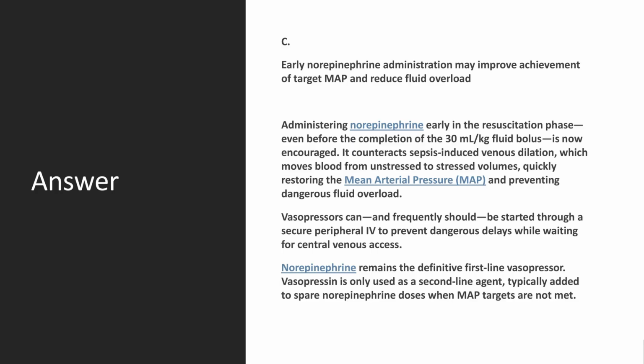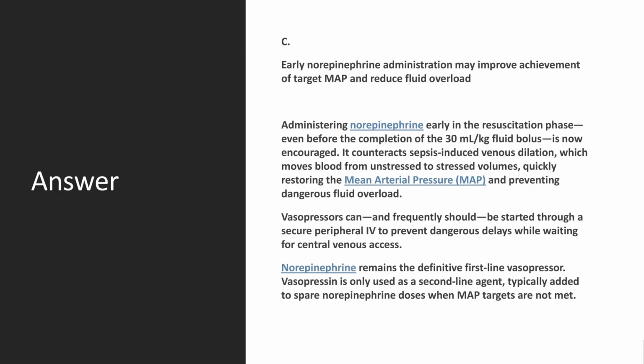Explanation: administering norepinephrine early in the resuscitation phase, even before the completion of the 30 milliliters per kilogram fluid bolus, is now encouraged. It counteracts sepsis-induced venous dilation, which moves blood from unstressed to stressed volumes, quickly restoring the mean arterial pressure and preventing dangerous fluid overload.